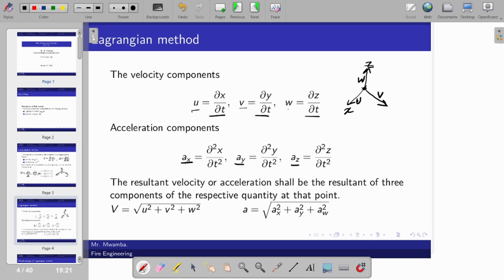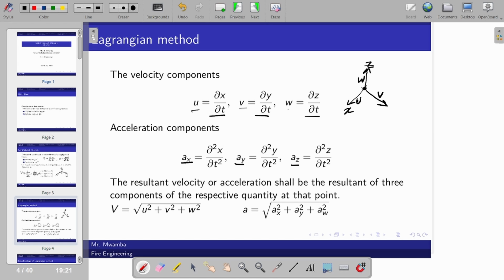As it moves from one point to another with a particular velocity, it has a resultant velocity, and therefore it should have a resultant acceleration.